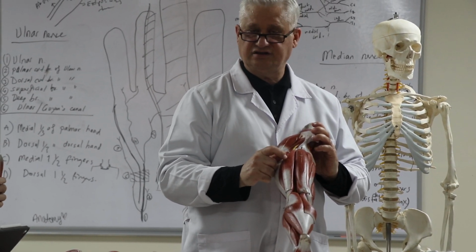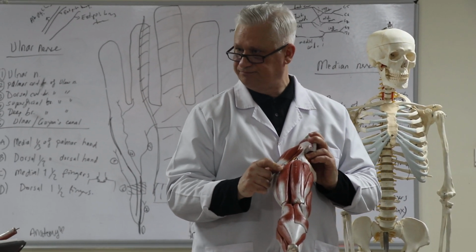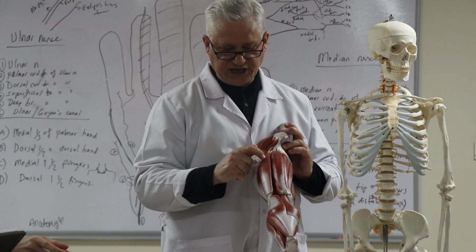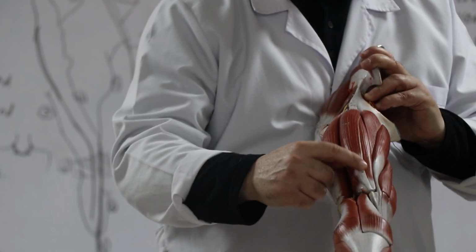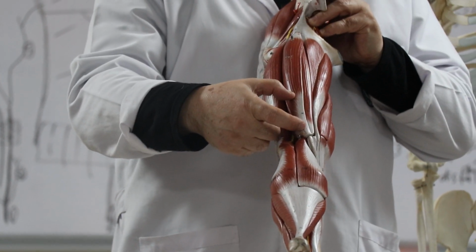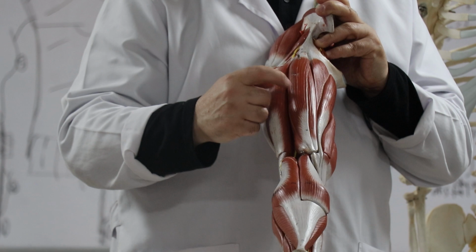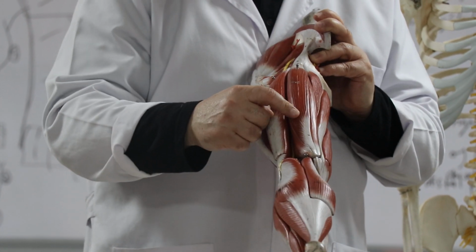So the long head is the one that is part of the hamstring, not the short head. Long head of the biceps femoris, semitendinosus, semimembranosus. This is semitendinosus on the top here. You see it's long, the tendon part of this muscle. It's semitendinosus. Beneath that is semimembranosus.